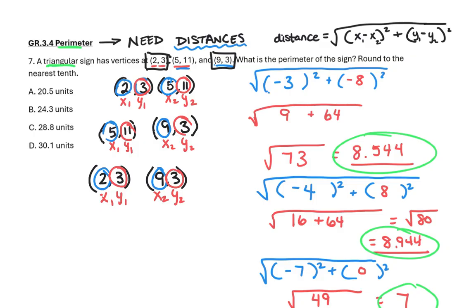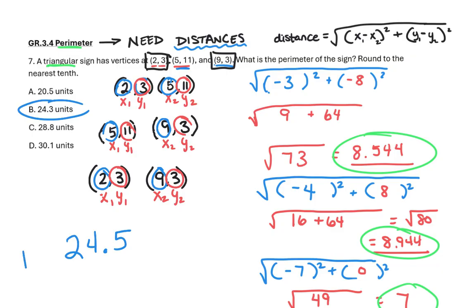When I add them together, I get 24 point, and if I'm rounding, I get about 24.5. So that's no bueno. I think that it was supposed to be this one. I think that the person who did this before me probably rounded early.